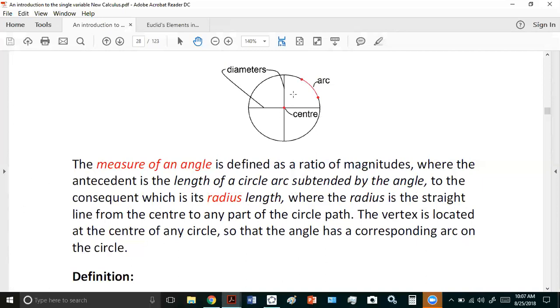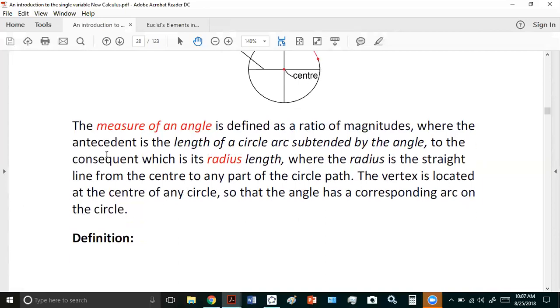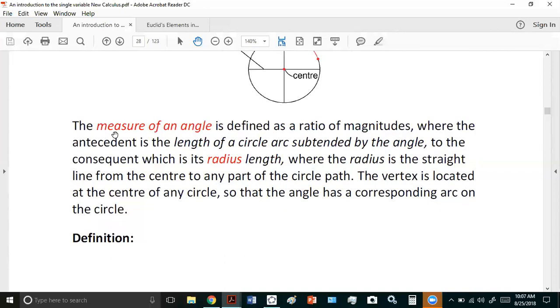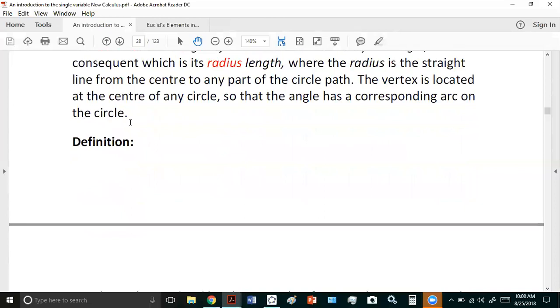So if we had to draw a line there and there, or between any 2 points on the arc, we'd have what's called an angle, right? So we cannot define the measure of an angle without using the geometric object known as a circle. So we've done all that. So we've defined angles and everything else.